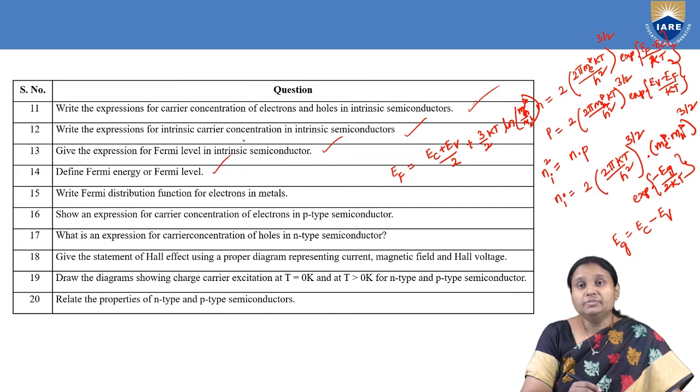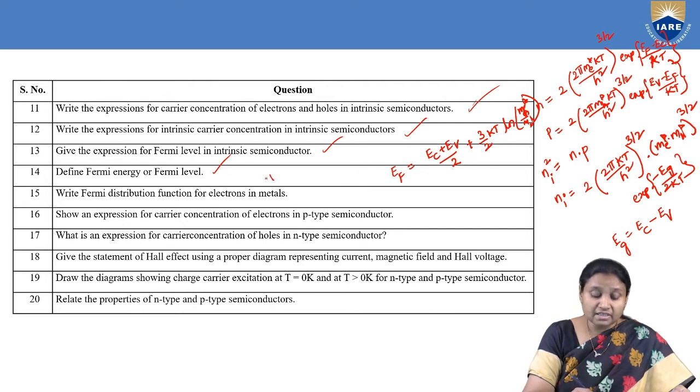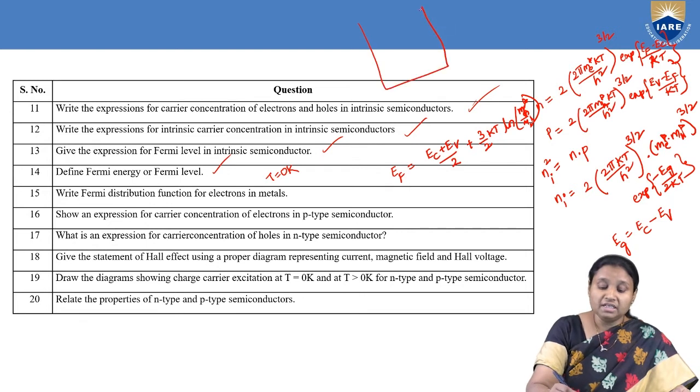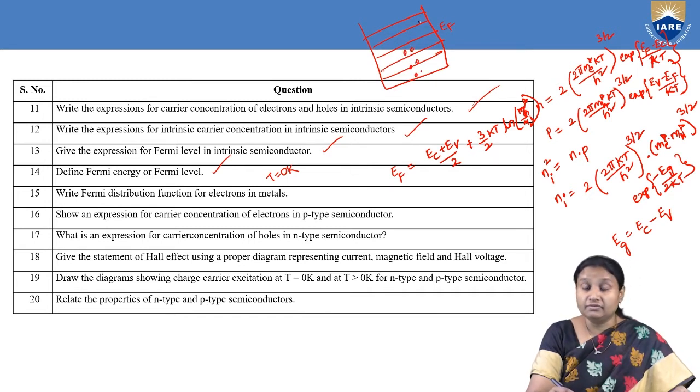Then define Fermi energy or Fermi level. Now coming to Fermi energy level, its location is going to be different for different types of semiconductors, and also it will be different for different temperatures. If we try to define Fermi energy level at T equal to 0 kelvin, then we define it as the boundary energy level which separates filled energy states and unfilled energy states.